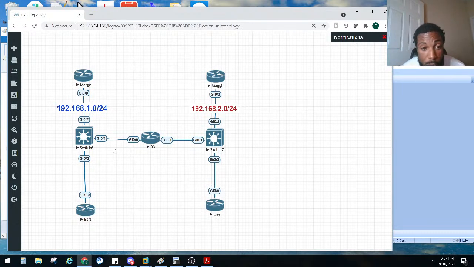What else can we say? When we start giving all these updates to everybody, the designated router gives everybody these updates on a multicast address. That address is 224.0.0.5.